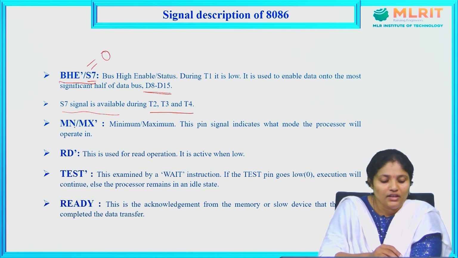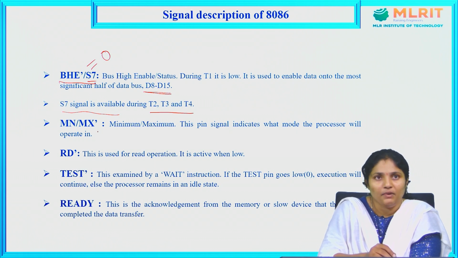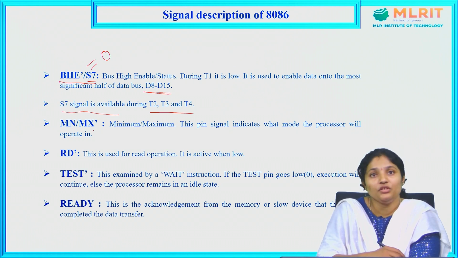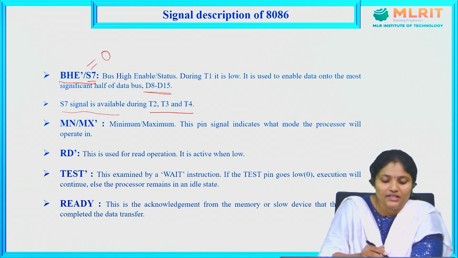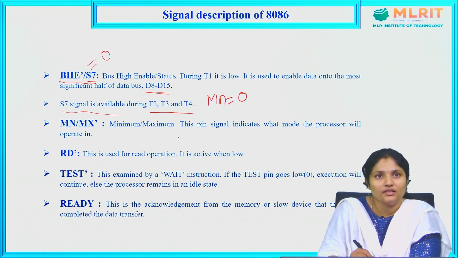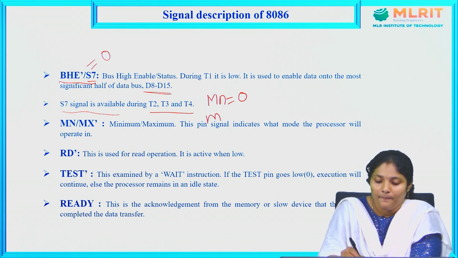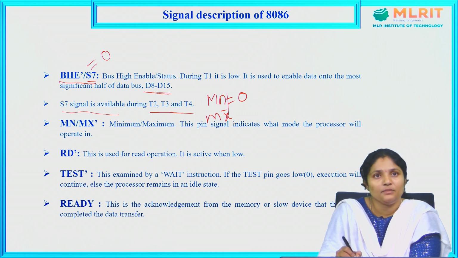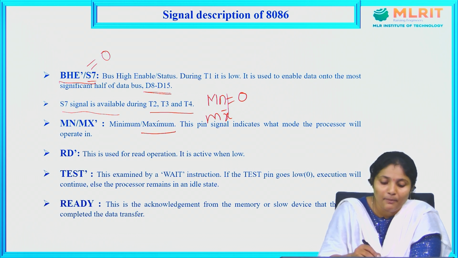Next, coming to the MN and MX bar pins. These pins are used to set the microprocessor to the minimum mode or maximum mode. If MN or MX bar equals 0, then we can say that the microprocessor is in the maximum mode.